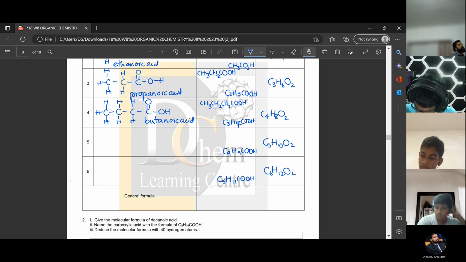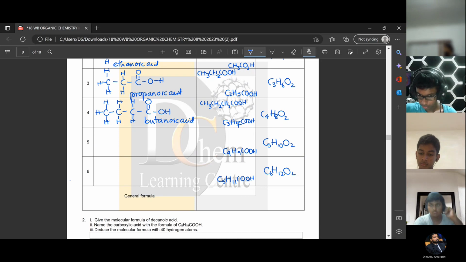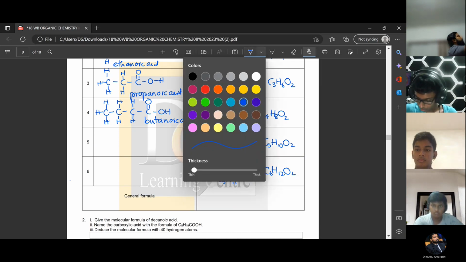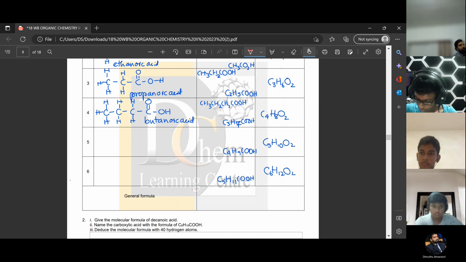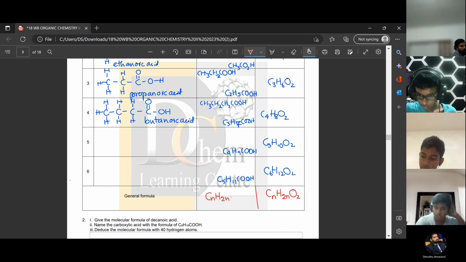C6H12O2. So what is important about the way the structure proceeds? In a very simple way, you can say the general formula of a carboxylic acid is CnH2nO2. Also, you can say the carboxylic acid general formula can be written in this way: CnH2n+1COOH.